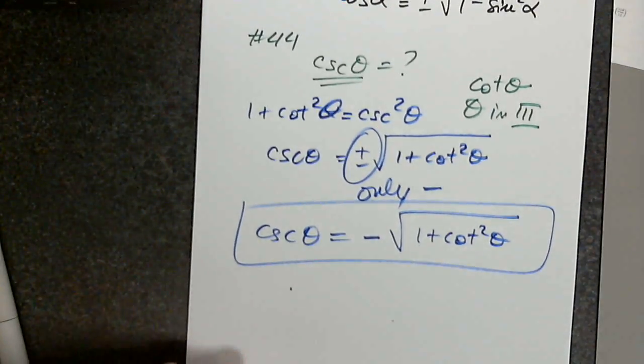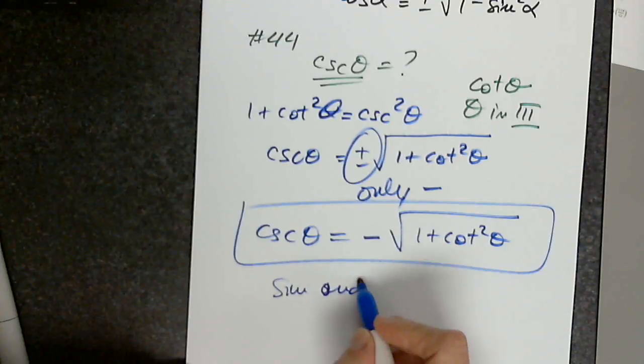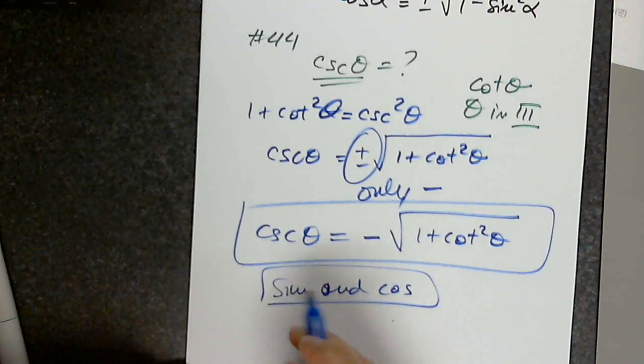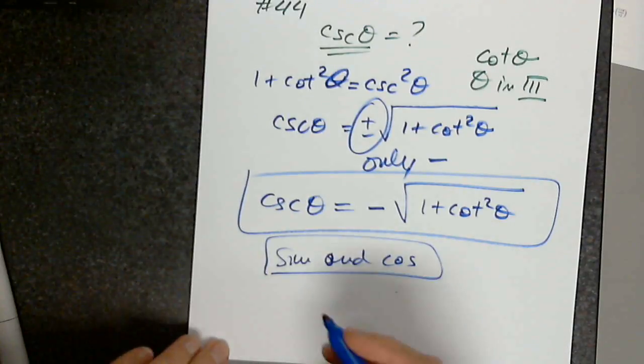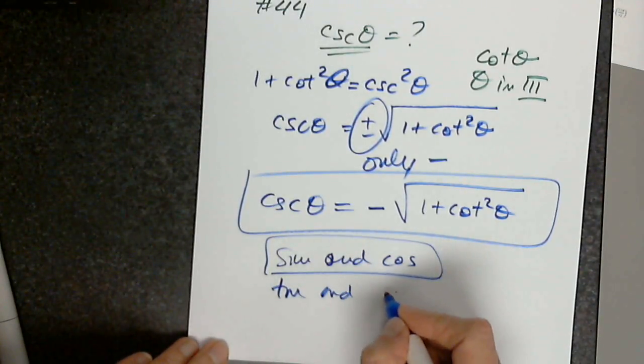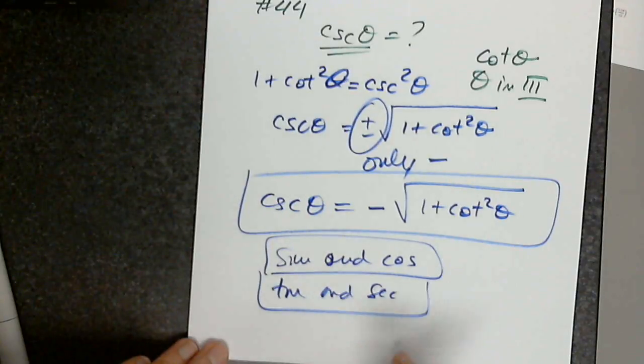So one more time in summary, please remember sine and cosine are related in a relationship. They have a relationship, an equation. Tangent and secant are related.